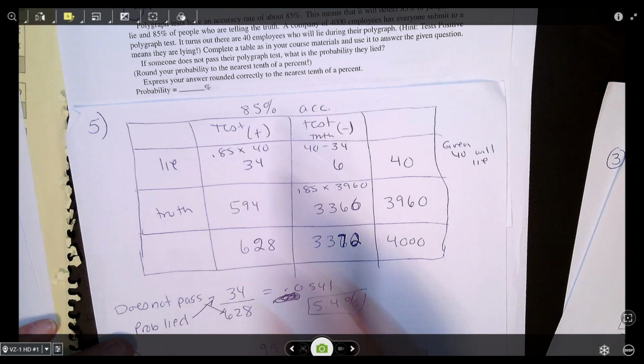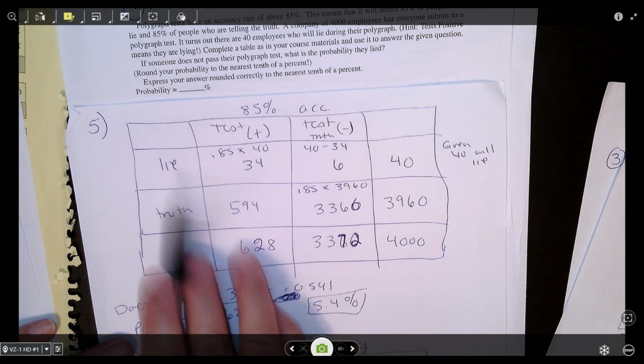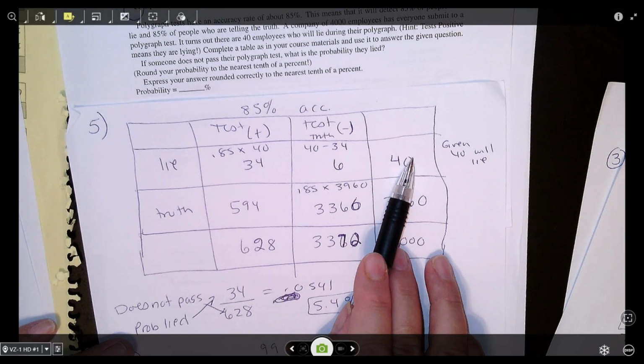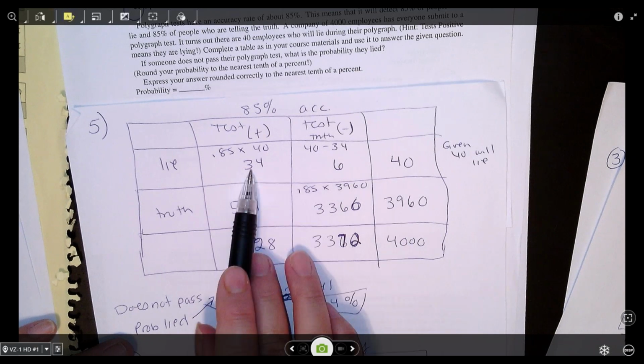A company has 4,000 employees who submit to the polygraph test. It turns out 40 will lie, so there's my lie. And then I subtracted to get the 3,960 that will tell the truth. Okay, complete the table.